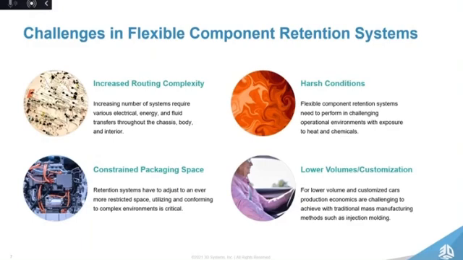So if we talk about the challenges that we're facing here, I'm going to start out with increased routing complexity. We all know, if you've been in this space, that the complexity is definitely not decreasing. It's increasing at a pretty dramatic rate.